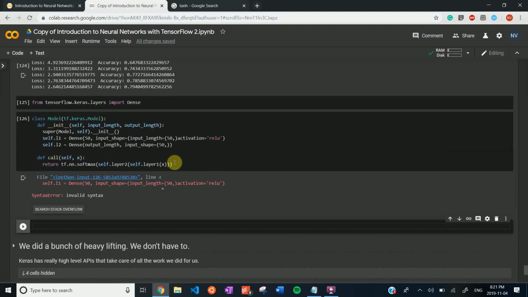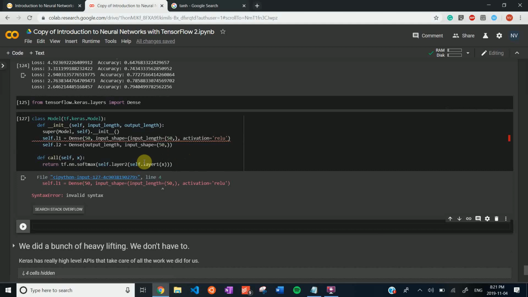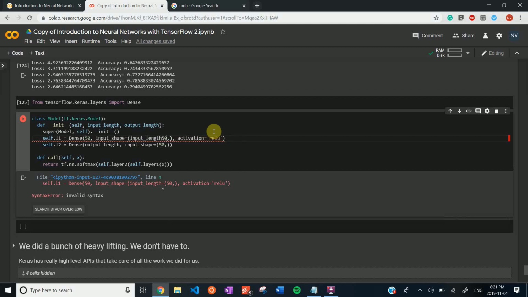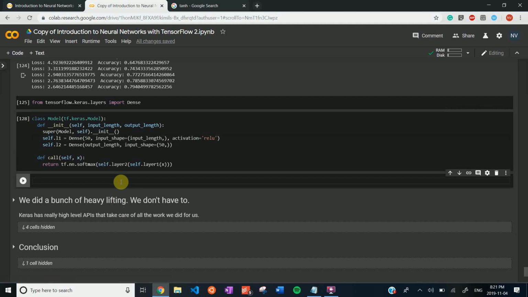And so we'll see that this has the exact same functionality. Great. So this has the exact same functionality as what we had before, plus a ton of stuff, of course.